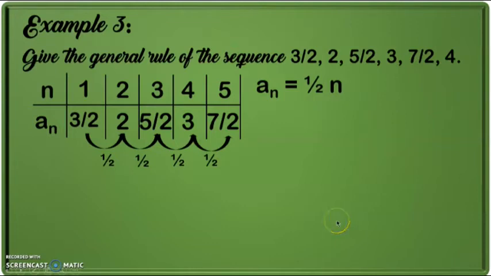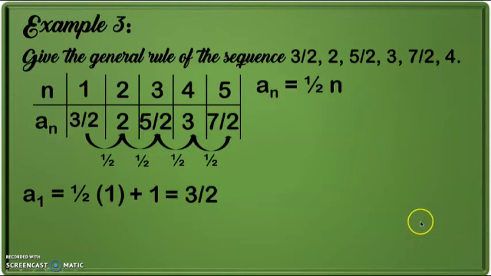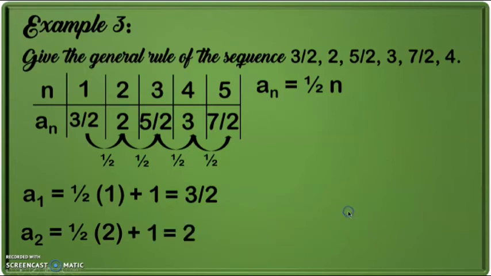Now, let us find out what will be the constant to be added to find the general rule. 1/2 times 1 is equal to 1/2. So plus 1, so that we will have 3 over 2. Let's check for the second term. 1/2 times 2, add 1, and that is 2.